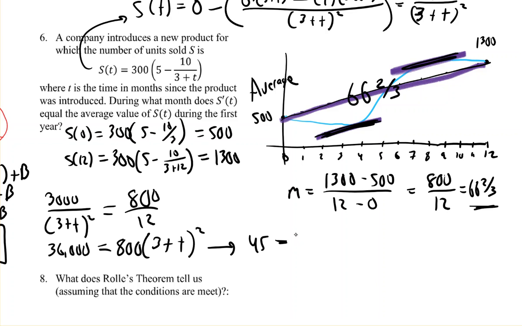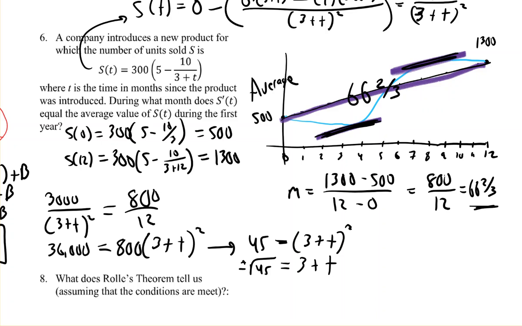So that gives me 45. And again, I'm just solving a quadratic. So you could do multiple things. You could FOIL this out if you wanted to. It's really up to you. But I chose to divide both sides by 800, because then I can take the square root of both sides.